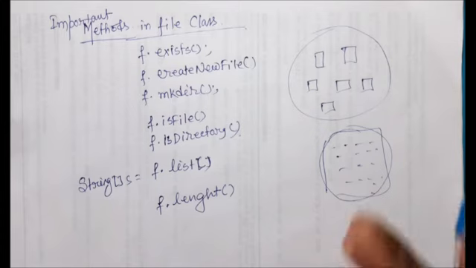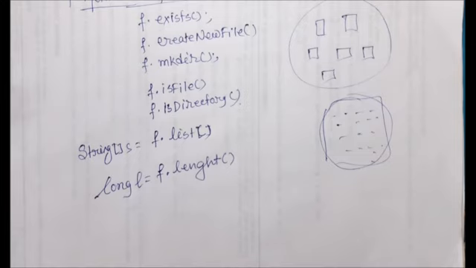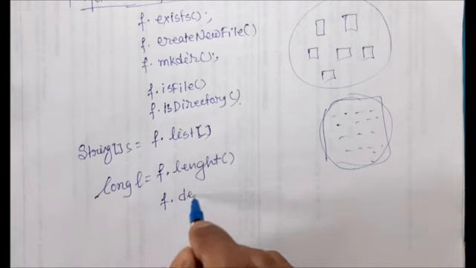It is because the number of characters in a file can be a very long number. That is why the return type of this function is long, okay. And if I want to delete a file, we have another method called delete.